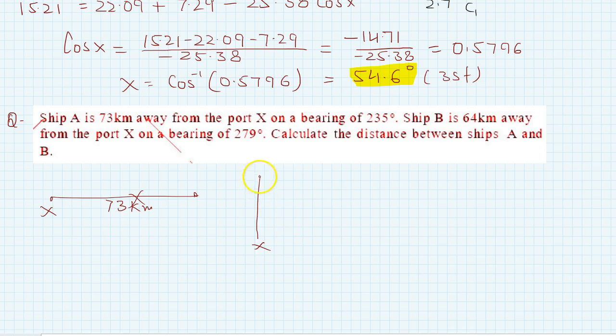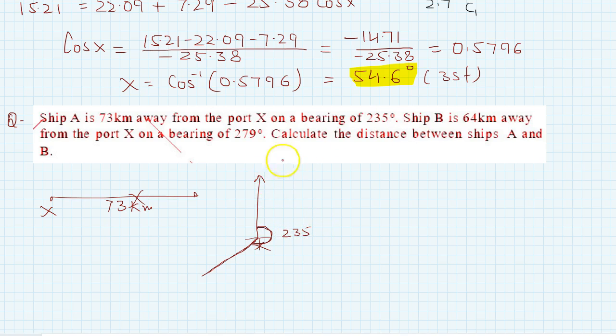This is a port and this is 73 km away from X at 235. This is 90, 180, 270, so roughly this. So this angle is 235.